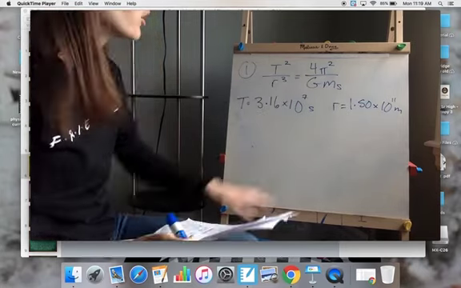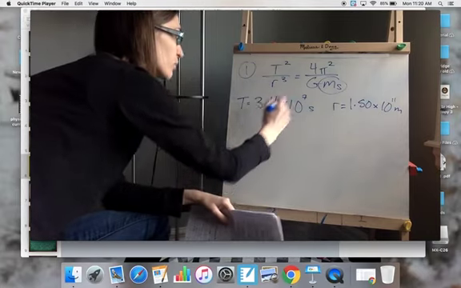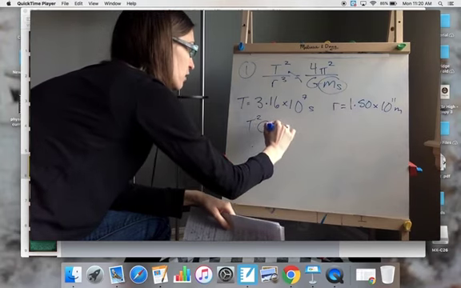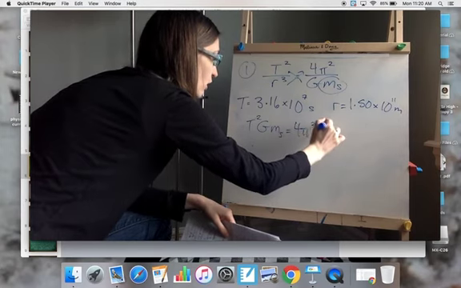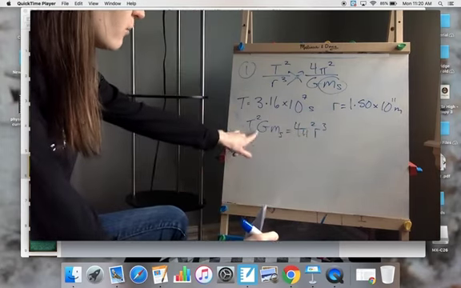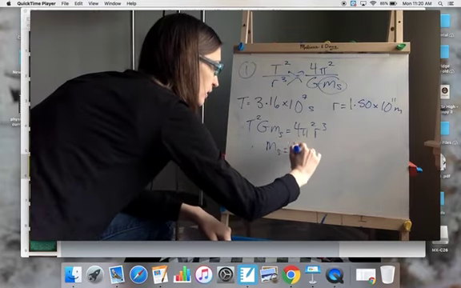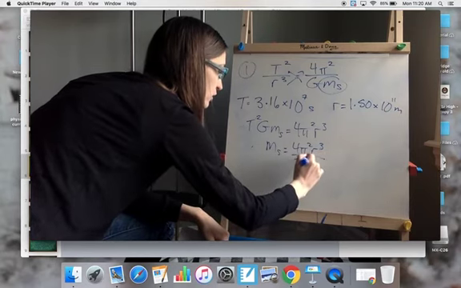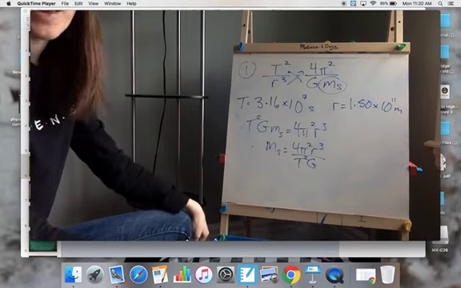If we do a quick rearrangement, you could cross multiply, and what you've got is t squared g times the mass of the sun is equal to 4 pi squared r cubed. Then you divide both sides by t squared and g. So the mass of the sun becomes 4 pi squared r cubed all over t squared times g, and then you're just plugging in those massive numbers.